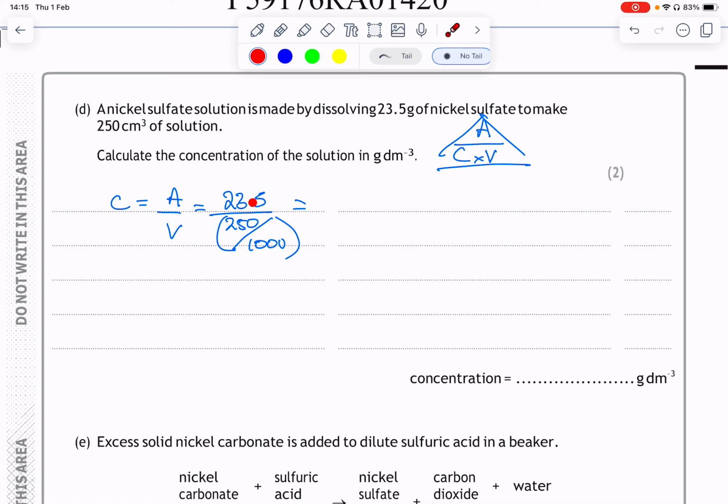So the amount is 23.5. The volume is 250, but we divide that by 1,000. And that gives us a final answer of 94 grams, and that is per decimeter cubed as a final response.